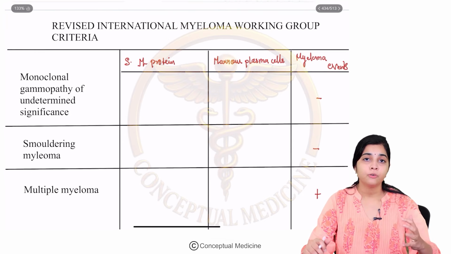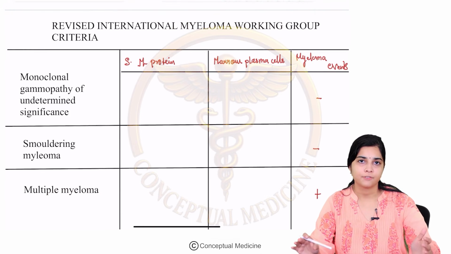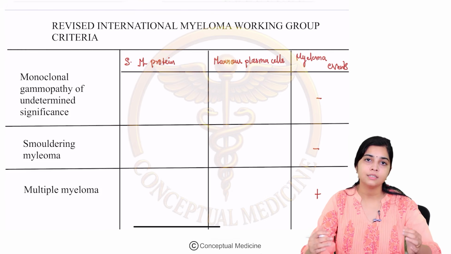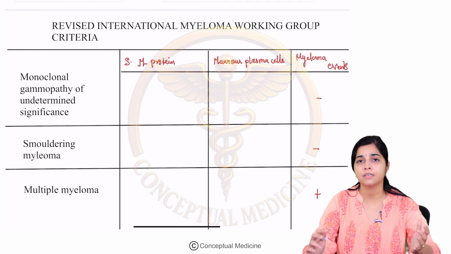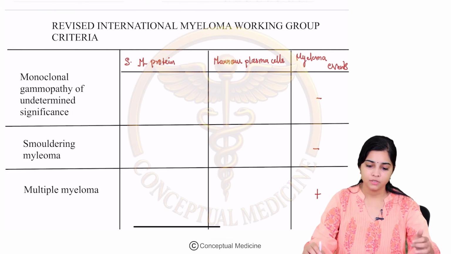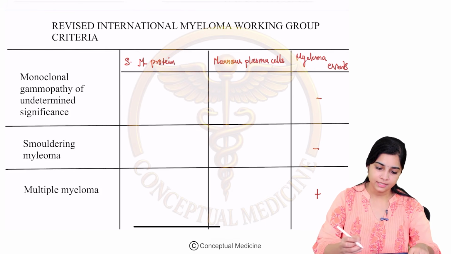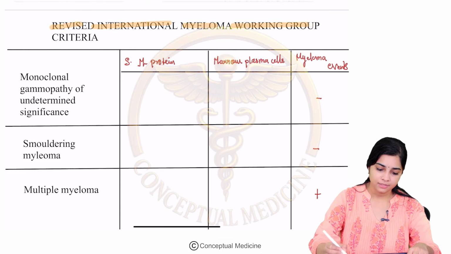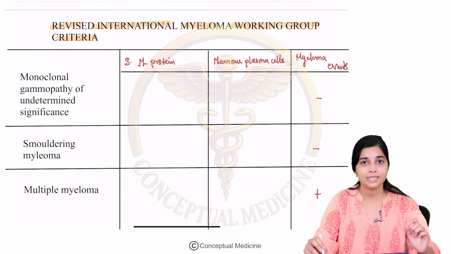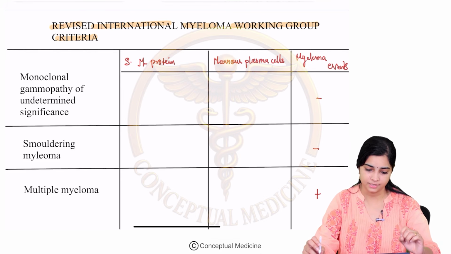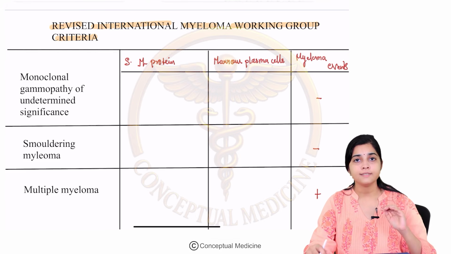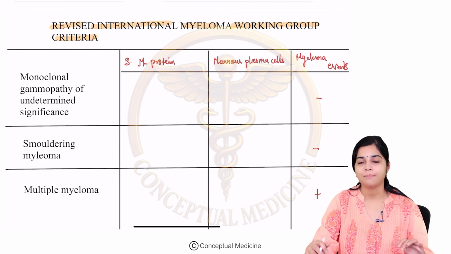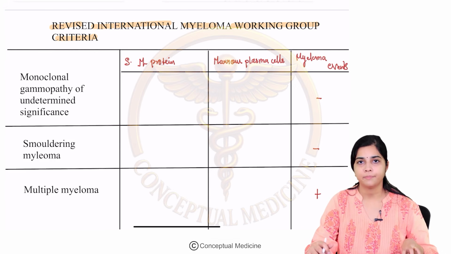So before we try and understand the definition of multiple myeloma, we also should know certain other terms which come as precursors to multiple myeloma. So what is the criteria? The criteria is called the Revised International Myeloma Working Group criteria. This recognizes that there are certain precursor events which happen before a florid multiple myeloma.